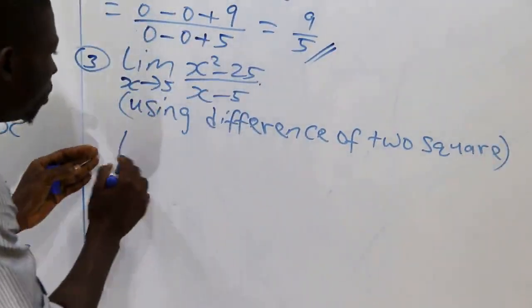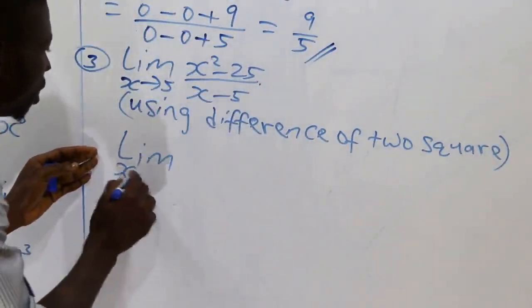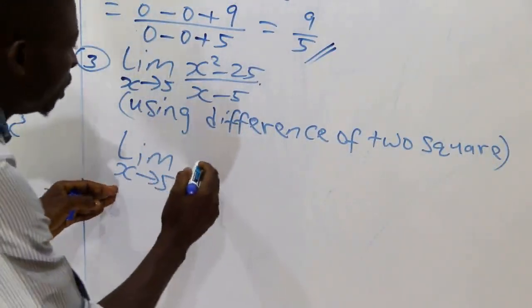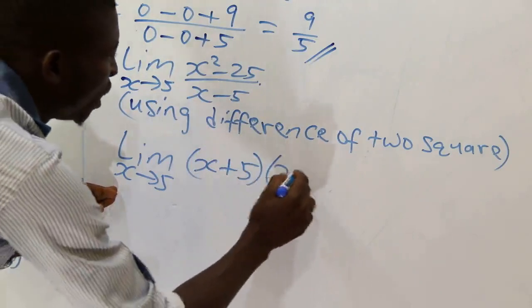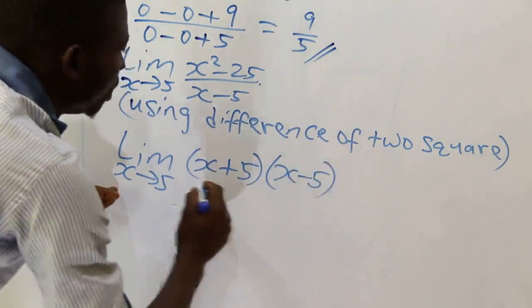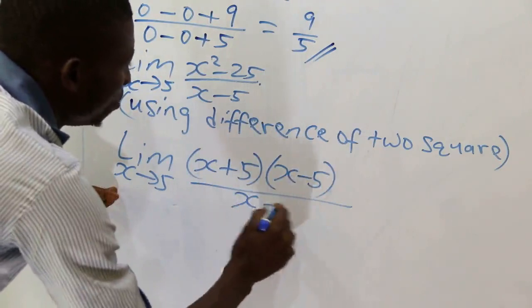Now this will give us lim when our x tends to 5, x plus 5 in bracket and also x minus 5 in bracket, divided by x minus 5.